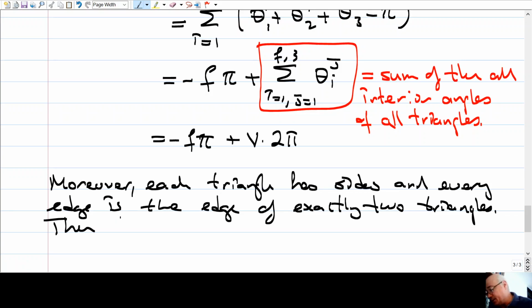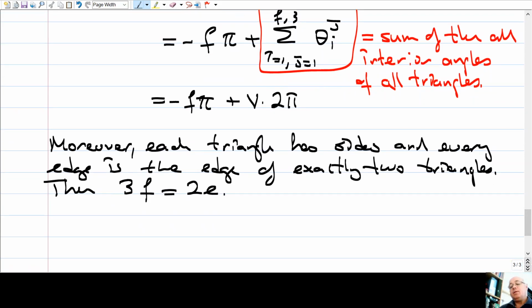Hence, we see that 3 times f is equal to 2 times e. Okay, because every triangle has 3 edges, and every edge is the edge of 2 triangles.